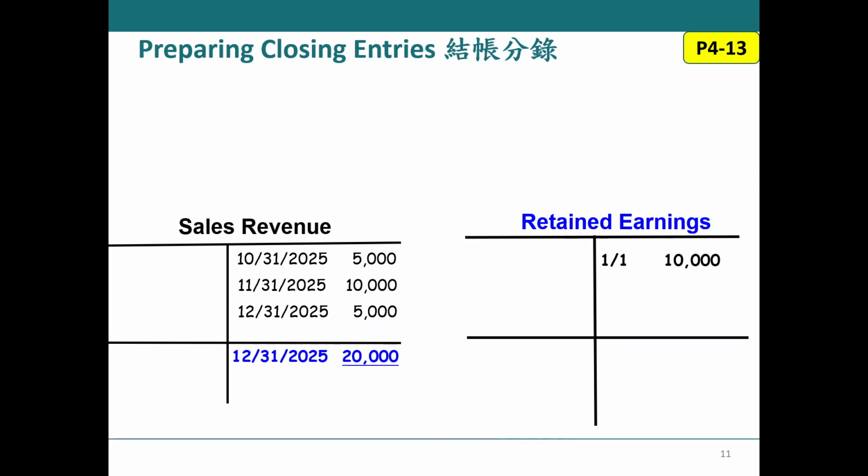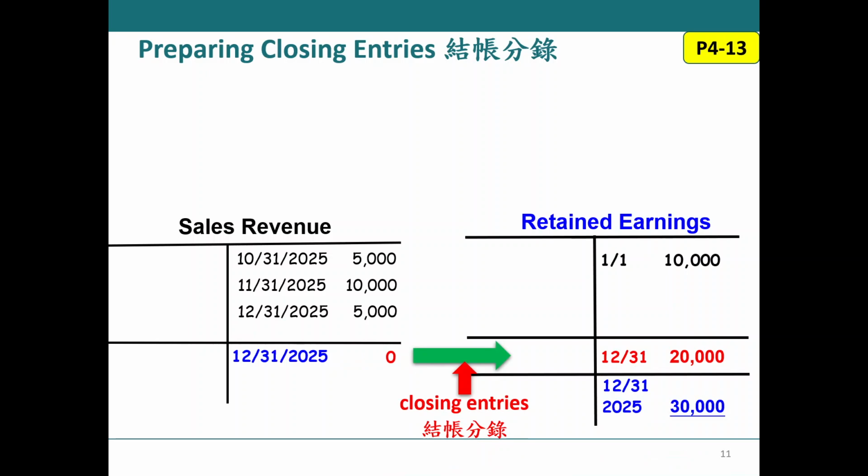So actually, we did not just throw the number away. That's our money. We transfer the money to a safe, permanent place, retained earnings, okay? So we transfer the number to retained earnings using an accounting entry. This entry is about closing the book, so we call it closing entries, 结账分录.